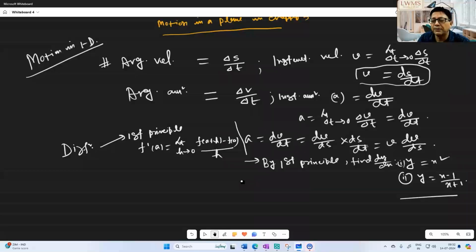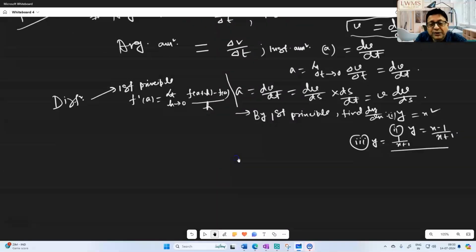This kind of problem you can practice, or say y equals 1 by x plus 1. I hope all of you are ready with your pen and paper. You will be doing what exactly I am doing here. If some task is given, you should complete. So this is one of your work you have to complete at home. These three sums by first principle you will do once.